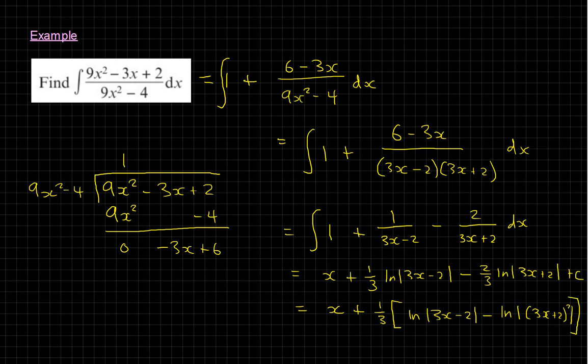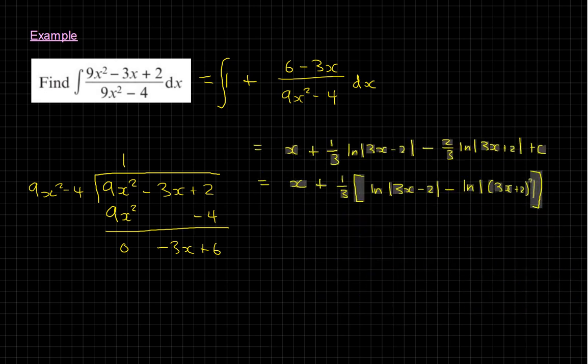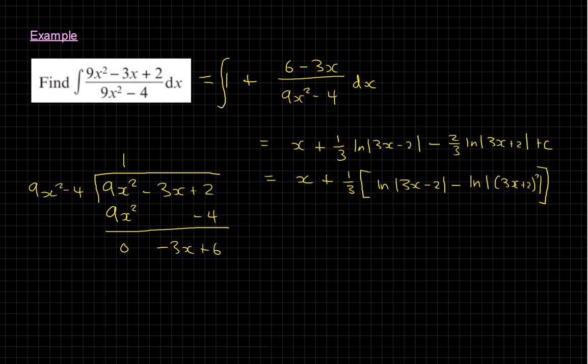I'm just running out of space there, so let me just remove some working. Okay, let's put this up here. Let's stick in my precious plus c. And let's finish this off. So we've got 1/3 of ln, and in this case 3x minus 2 all over, because we've got a minus sign here, so I'm doing all over 3x plus 2 squared plus c.